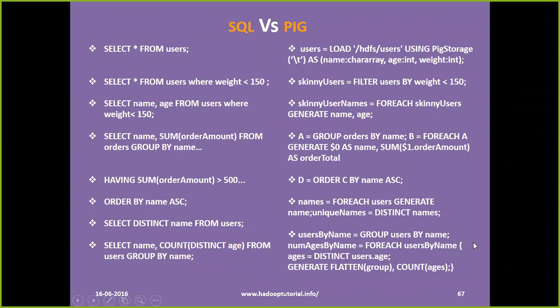You can open curly braces and put your queries inside for every record. So ages equal to distinct of user.ages, generate flatten of. This is a kind of nested coding: for each username, inside a curly brace you can put the statement.